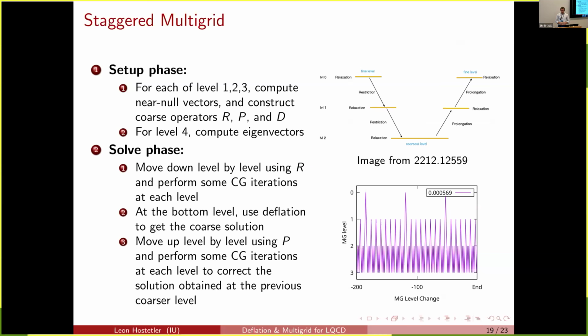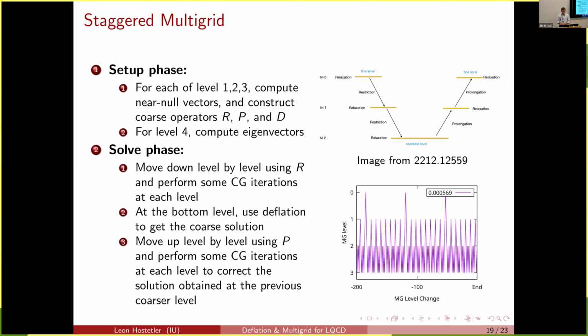In terms of how multigrid works or how we use it, we use a 4-level multigrid preconditioner for an outer Krylov solver, the outer solver GCR. During the setup phase for our multigrid, we need to compute these near null vectors for each of these levels.